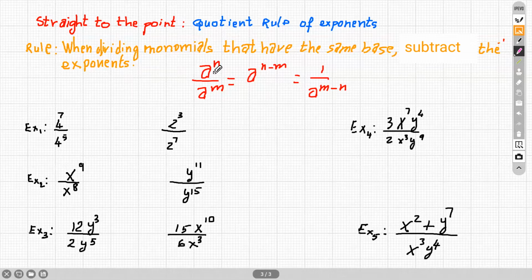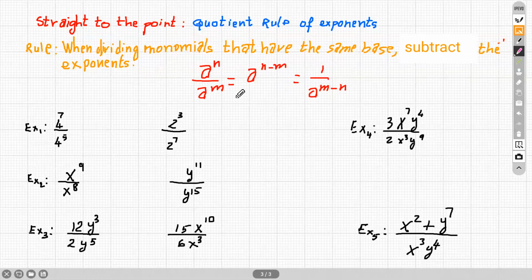Again, a to the n divided by a to the m is equal to a to the n minus m, or it's also equivalent to 1 over a to the m minus n.